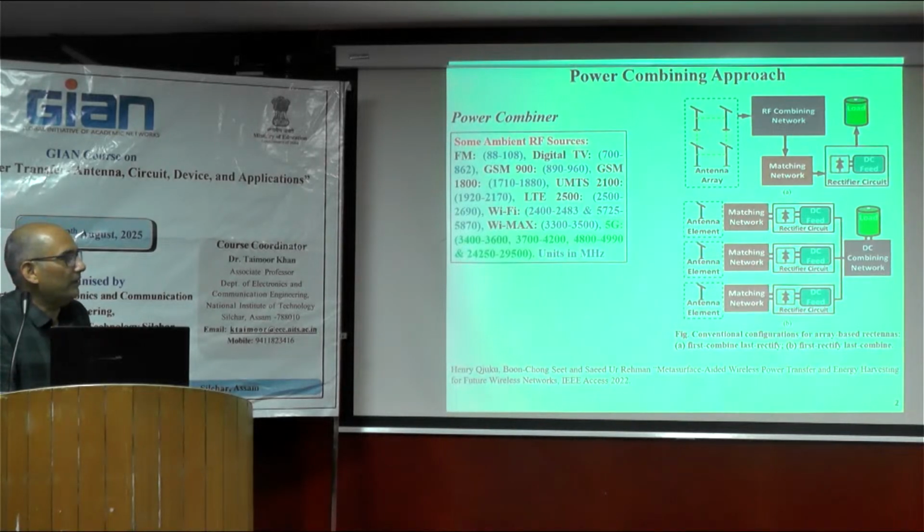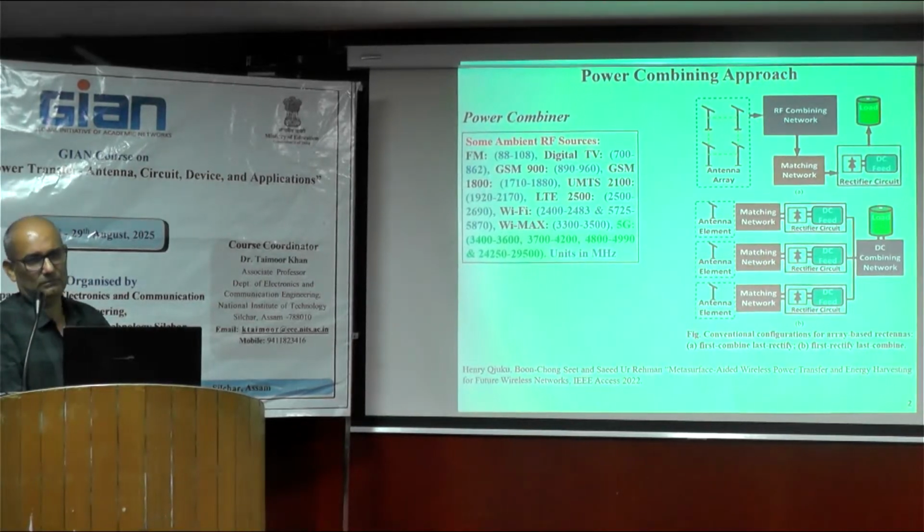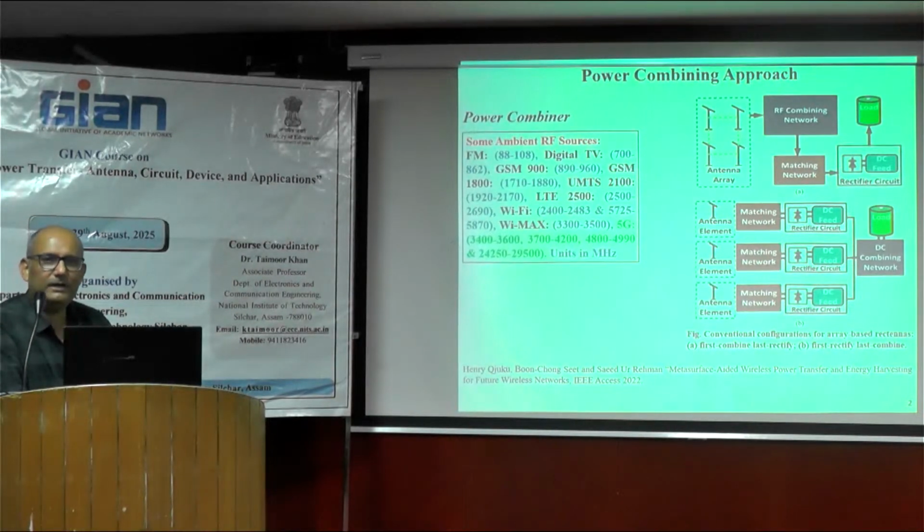This has a specific reason where the ambient energy is very small. Then you combine all ambient energy of different sources, then the output of that combiner will be sufficient to feed or to excite the rectifier part. That is the theme behind that one.